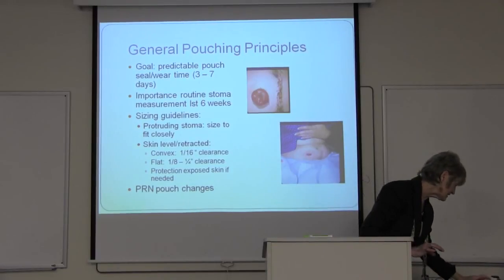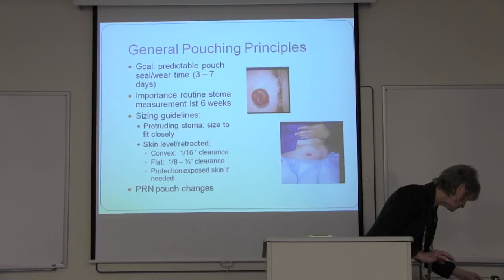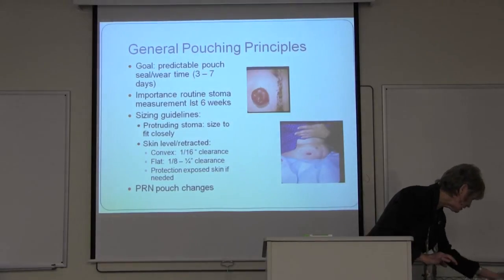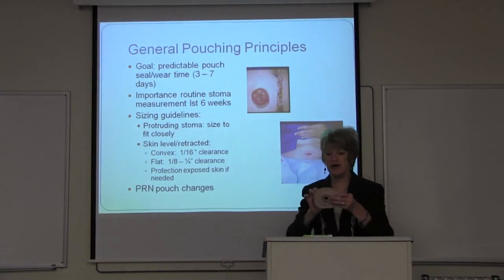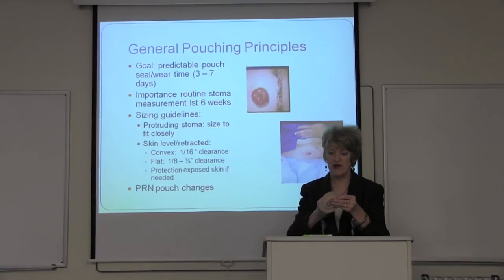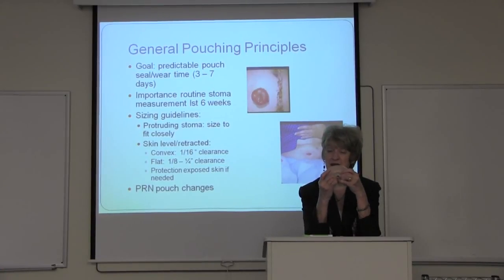If you have a very soft barrier, and I brought one if I can find it, which I might not be able to. Okay, so some of the barriers on the market are very, very soft. And if they're very soft, if you have a soft moldable barrier, you can literally size the barrier to fit right around the stoma.